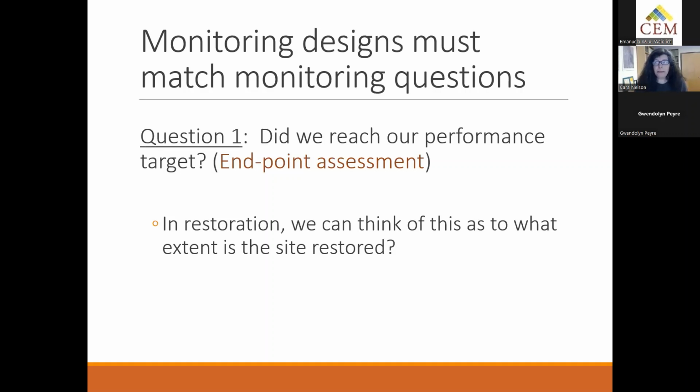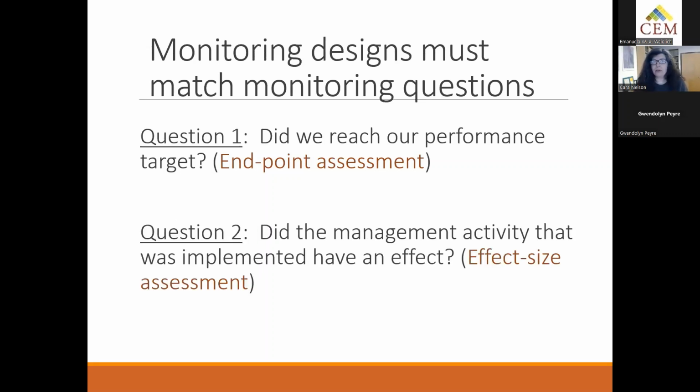And I want to go through 2 main types of questions that managers and community member stakeholders are often interested in knowing about restoration projects. So question type 1 is, did we reach our performance target? And the jargony way to talk about that is an endpoint assessment. You're really interested in what happened at the end. And in restoration, we can think of this question as, to what extent is the site restored? I'm going to come back to both of these questions in a minute.